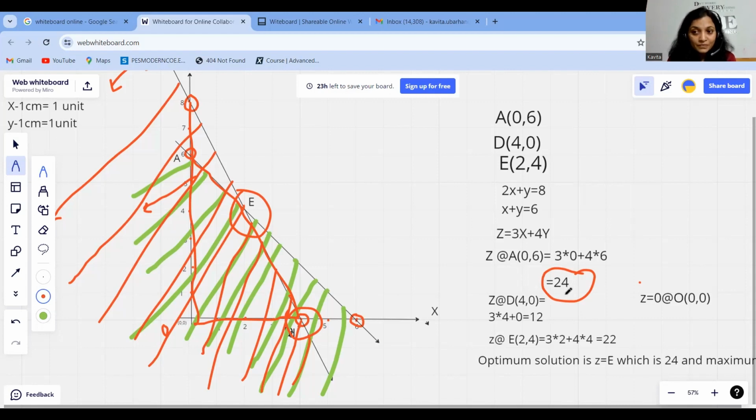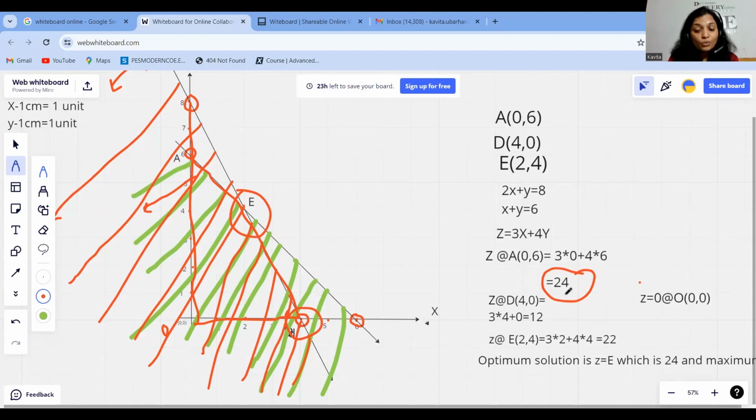Again for x plus y, when we put the value of A (0, 6), that constraint will also follow. It means it is feasible, and your optimum solution is z equal to 24 when x is equal to 0 and y is equal to 6.